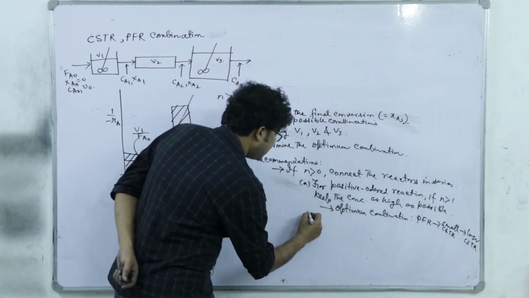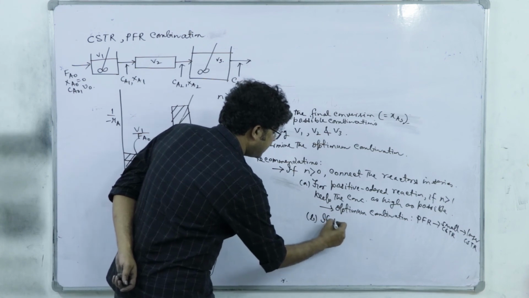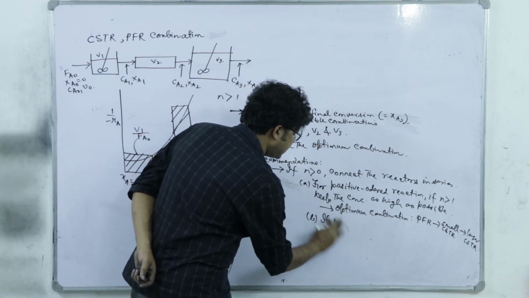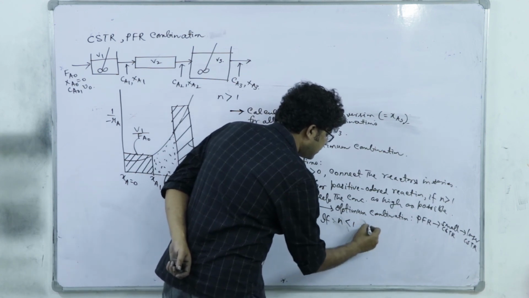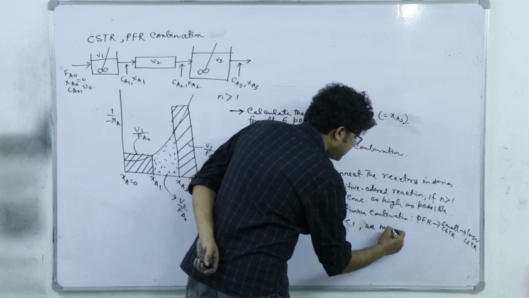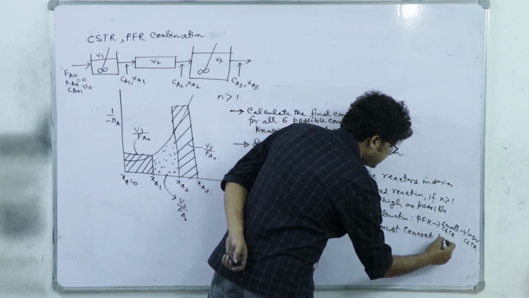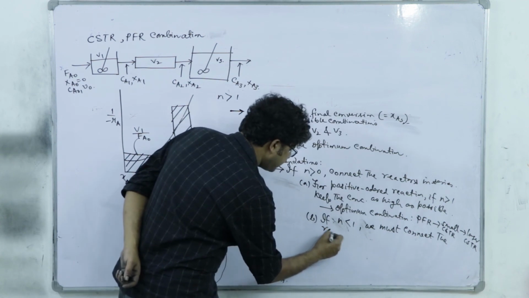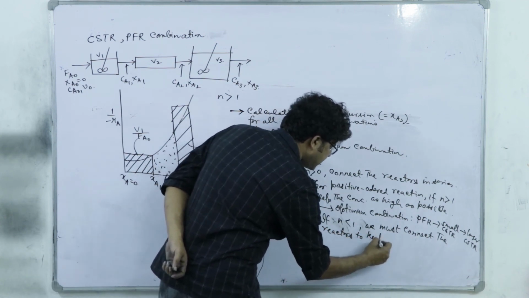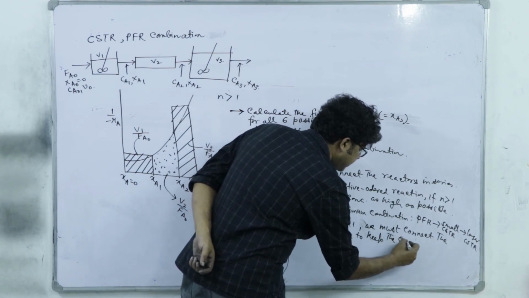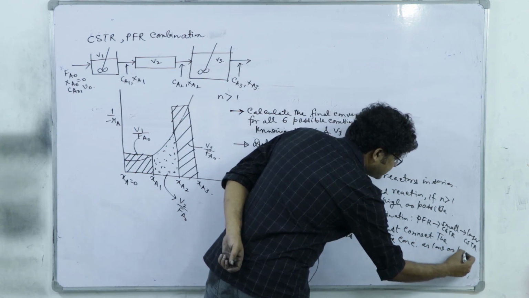And if n is less than 1, we must connect the reactors to keep the concentration as low as possible.